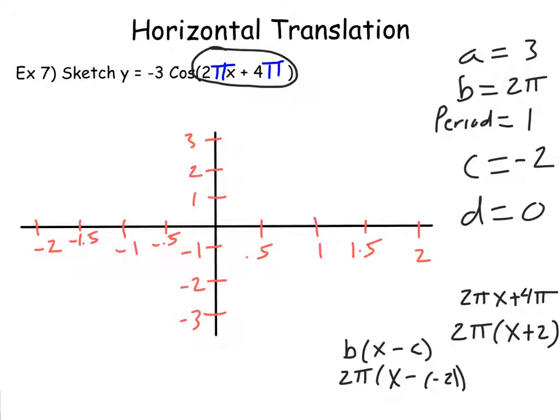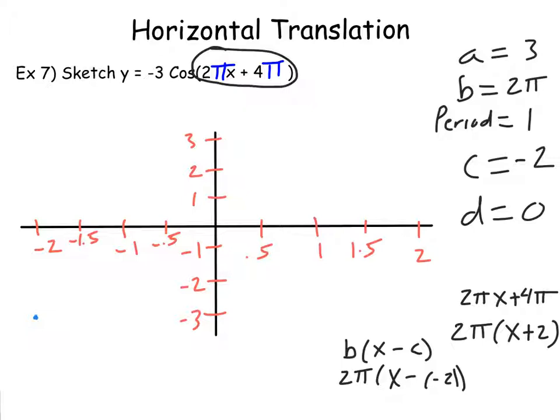So I'm actually going to set us up. We're going to draw 4 periods of this graph. Okay? We're going to draw 4. Remember, cosine needs to start down at the bottom, and we go to negative 2. So the first point I'm going to put is going to be way down here. That's where this is all going to start.